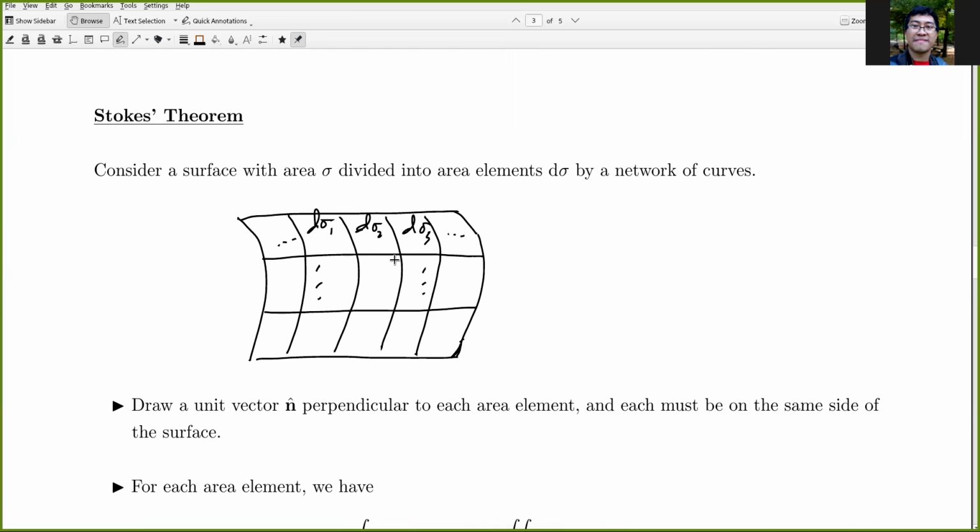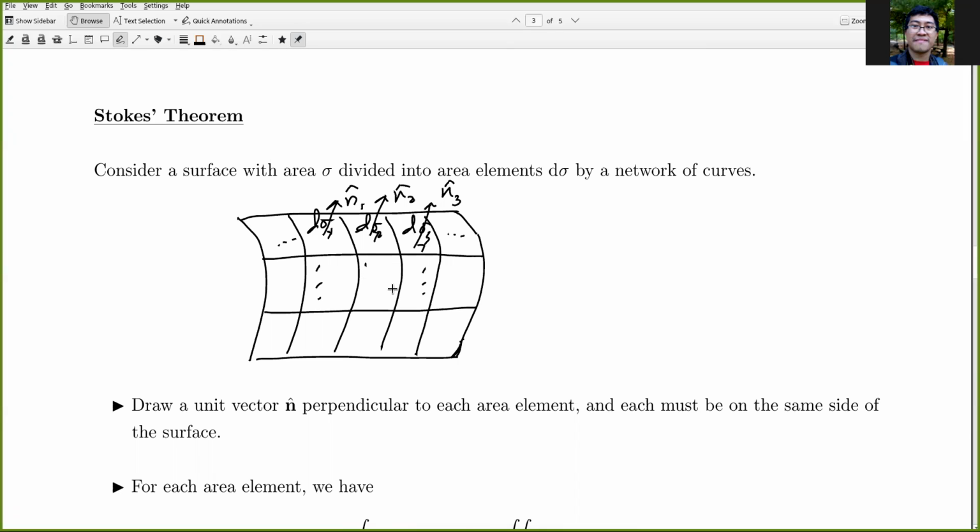On each area element, there is a specific direction for circulation. So we choose it so that for a chosen unit vector n perpendicular to each area element, for example, here you have n1, here n2, here you have n3, they're perpendicular to the surface, and for all small elements here, the direction of n's should be on the same side of the surface.